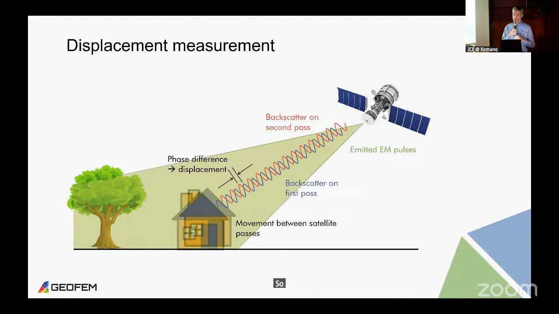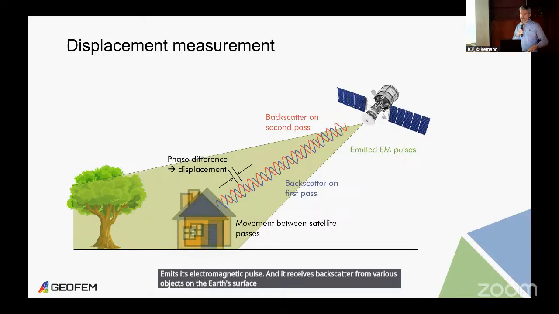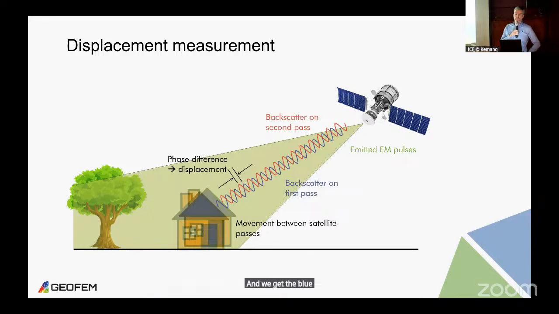So in simple terms, if you imagine a satellite here that emits its electromagnetic pulse, and it receives backscatter from various objects on the Earth's surface. Let's imagine it's that building, and we get the blue line reflected on the first pass of the satellite.